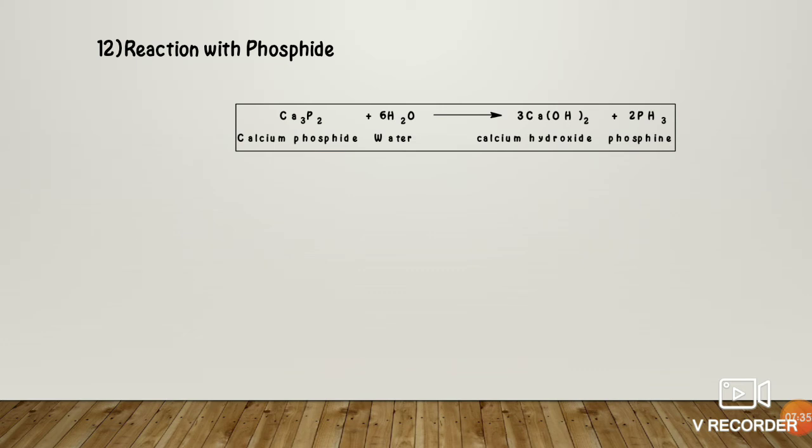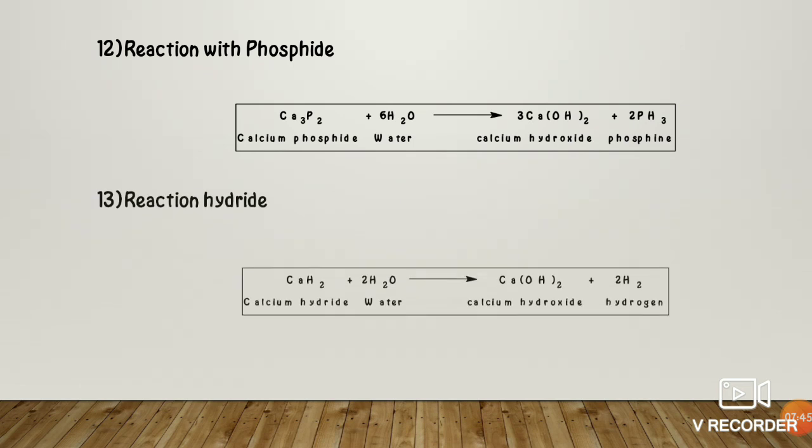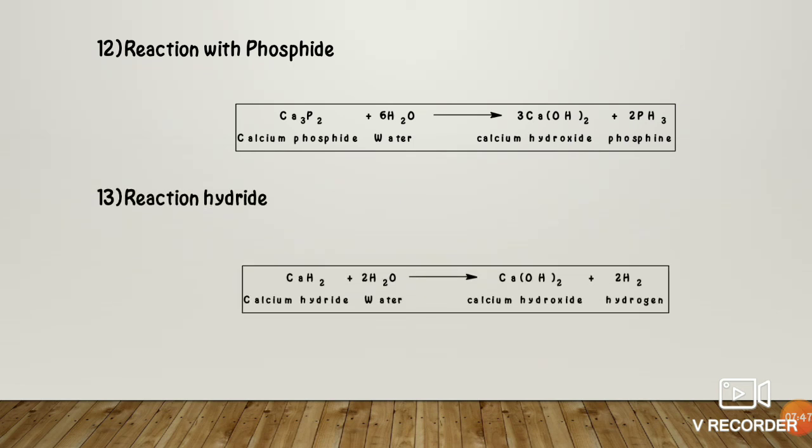Example here, calcium phosphide reacts with water to give calcium hydroxide and phosphine gas. Similarly, when metal hydride reacts with water, it forms metal hydroxide and hydrogen gas. Here calcium hydride reacts with water to form calcium hydroxide and hydrogen gas.